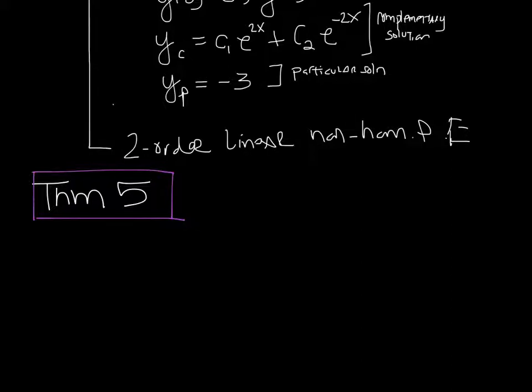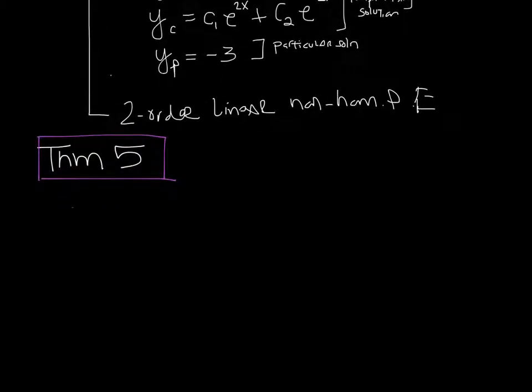Basically it talks about y sub p being a particular solution of the non-homogeneous equation, and they give you the y sub c, and there exist C1, C2, so eventually we have capital Y of x equals C1.